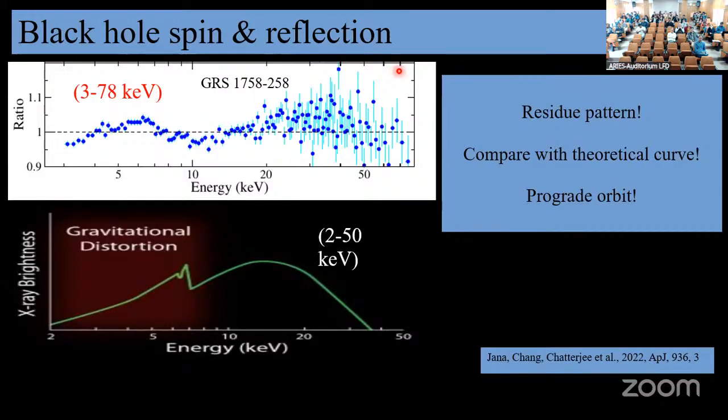So this is a comparative study that you can perform, whether you are encountering a prograde system or a retrograde system. If it's a retrograde system, then this particular spectral residue will be almost similar to this spectral residue.